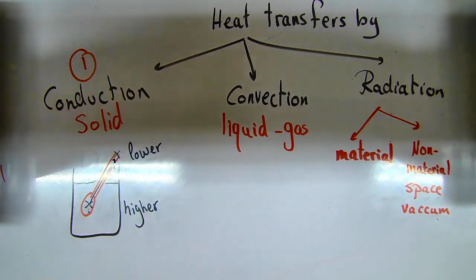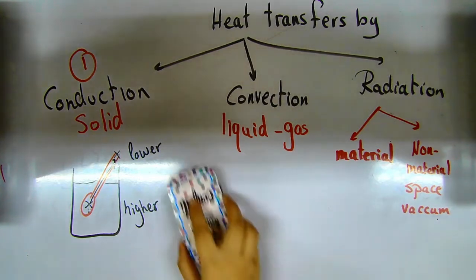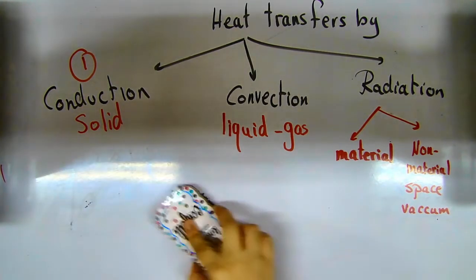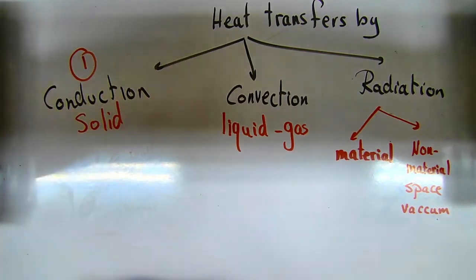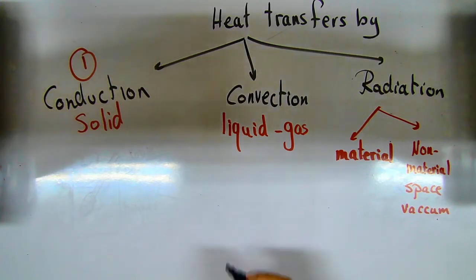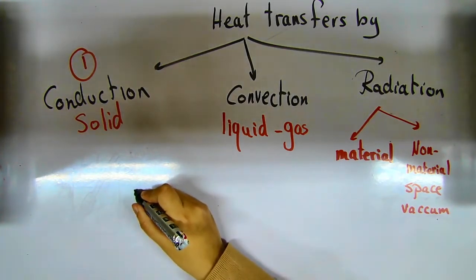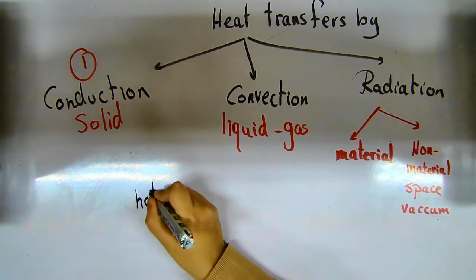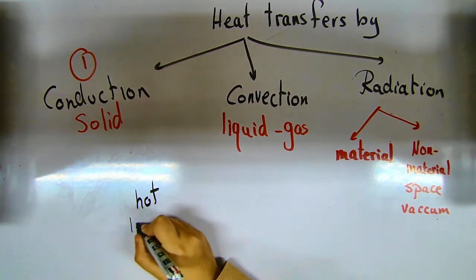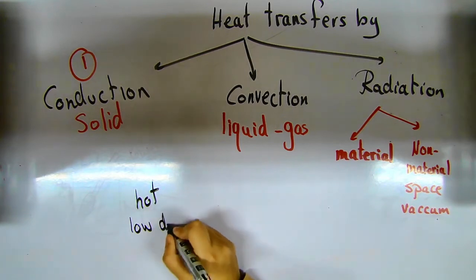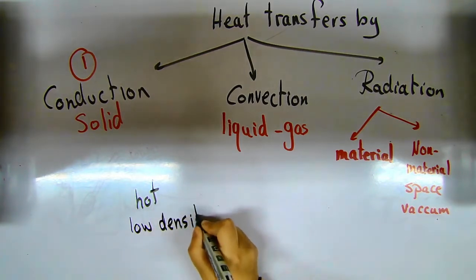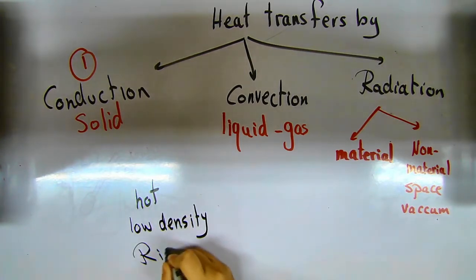Now we will talk about convection. Convection, as we said, is the way of transfer of heat in liquids and gases. In convection, the molecules which are higher in temperature, or the hot molecules, have low density, so they rise up.